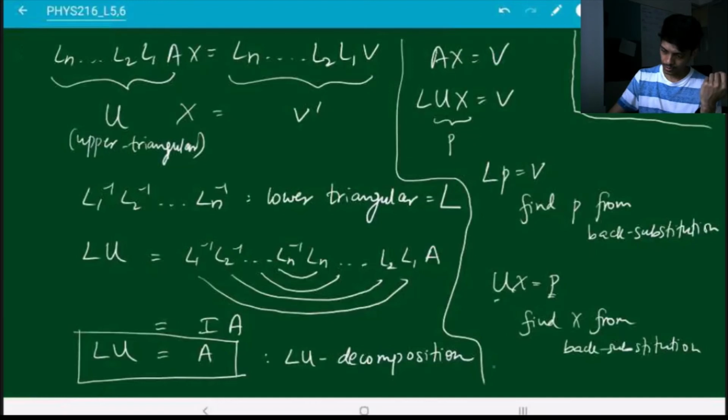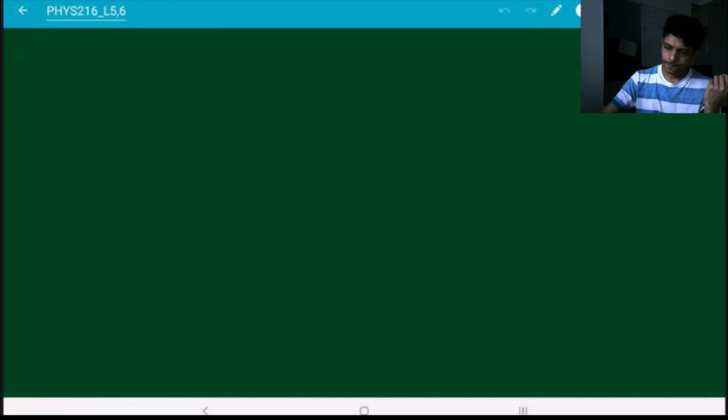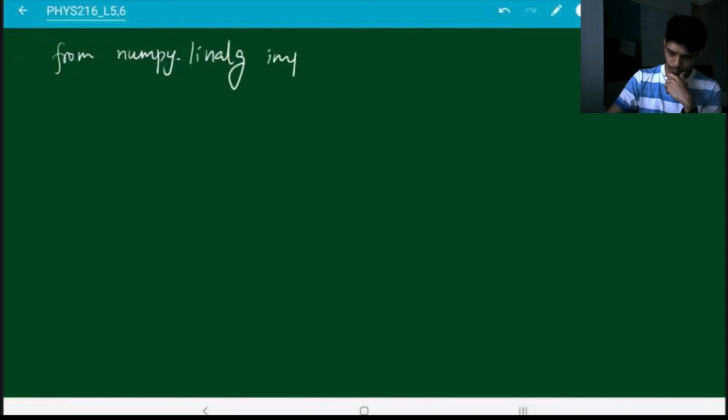So you can say from numpy.linalg you can import something called solve. Can you read this? Probably not. From numpy.linalg, you can import something called solve.